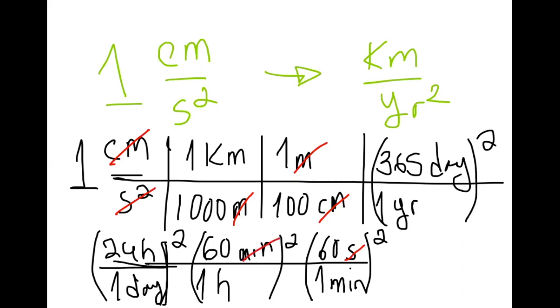Minute squared with minute squared, hour squared with hour squared, and day with day, right? And then you just have the kilometer per year squared, right? So you just have to divide over 1,100, multiply by 365 squared, multiply times 24 squared, 60 squared, 60 squared, and then you will get your acceleration in kilometers per year squared, which is not very common, right?